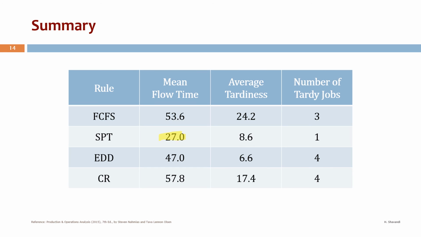Or if we want to minimize the average tardiness, the EDD provides a better sequence. Or if we want to minimize the number of tardy jobs, again SPT will be the case. So based on our criteria, we can see which rule actually works better in that case. Okay.